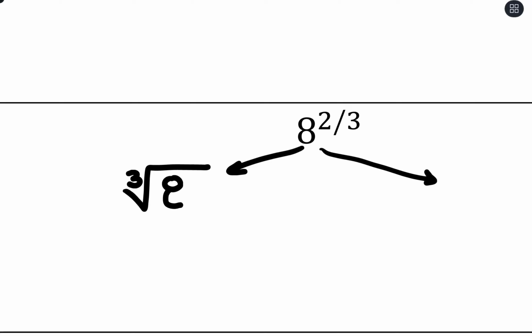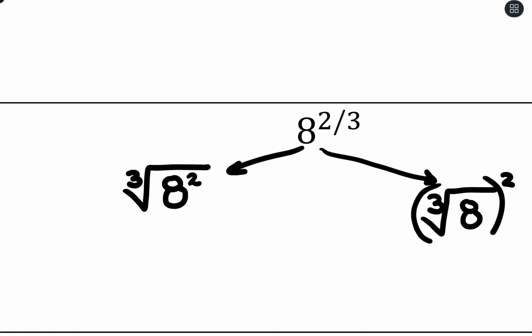And then I have 8, and that 2 is an exponent and can either be inside the radical or outside the radical. So I could either write this as the cube root of 8 squared, or I could write this as the cube root of 8 all squared. So this would be the cube root of 64, which we can get to the answer with that.